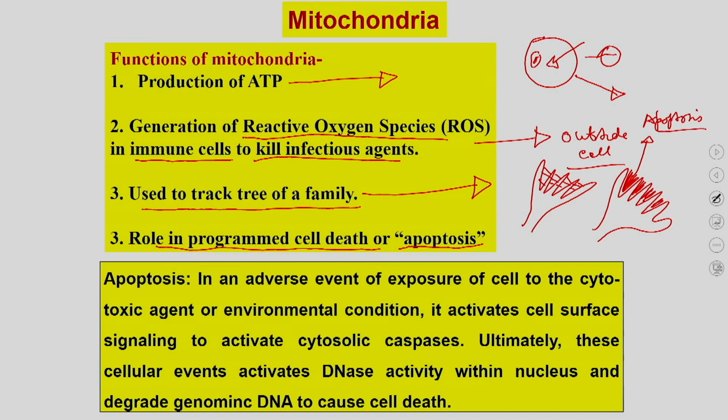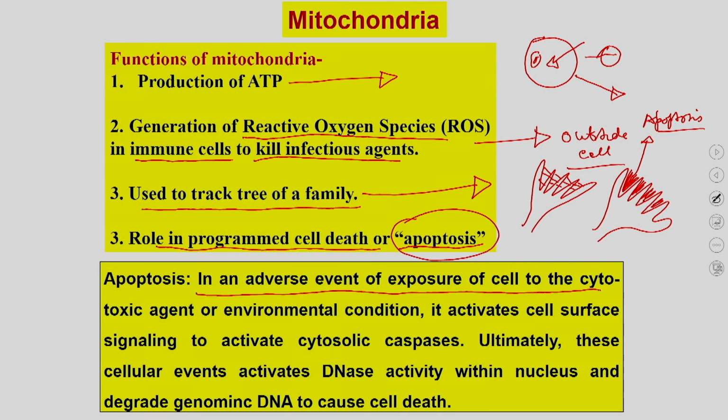In apoptosis, the mitochondria releases cytochrome C. Cytochrome C induces different types of reactions within the cell, and that kills the cells. So, mitochondria controls apoptosis in the cell.